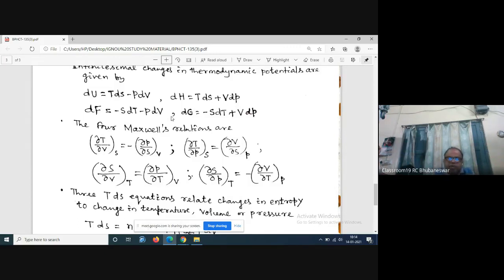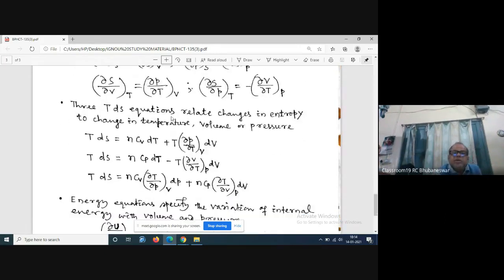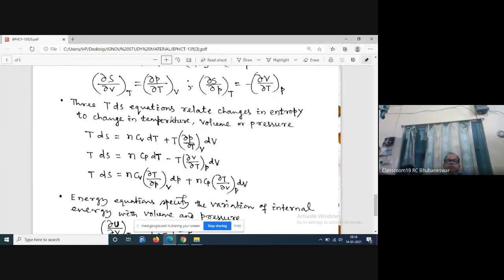Okay, we have three TdS equations, which relate changes in entropy to changes in temperature, volume, and pressure. TdS equals C_V dT plus T del P by del T at constant V dV.